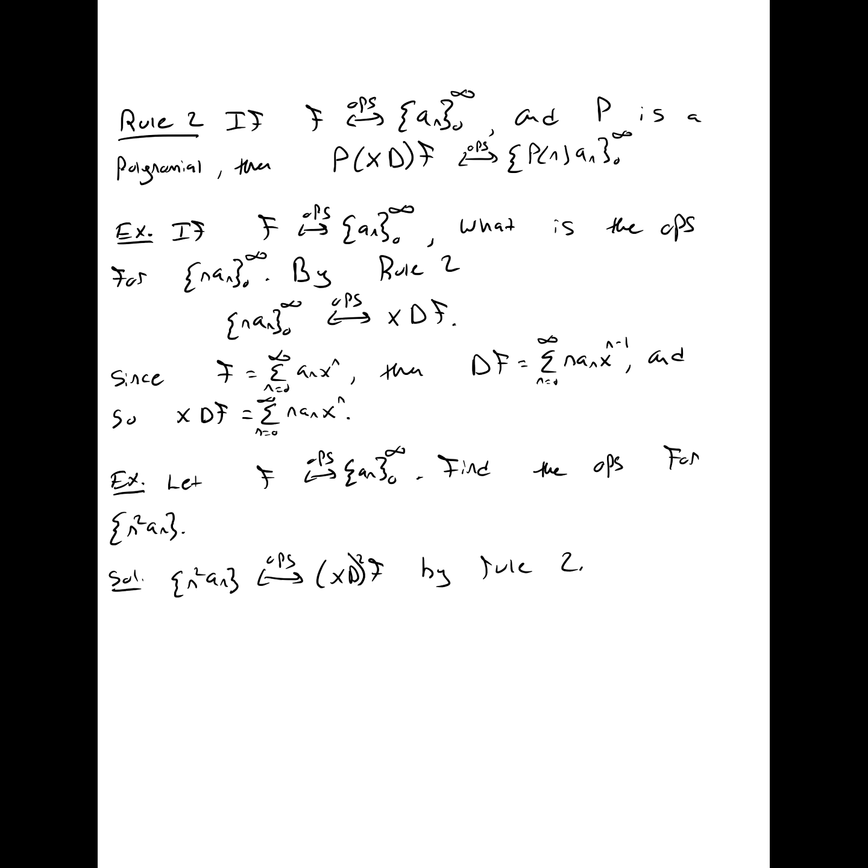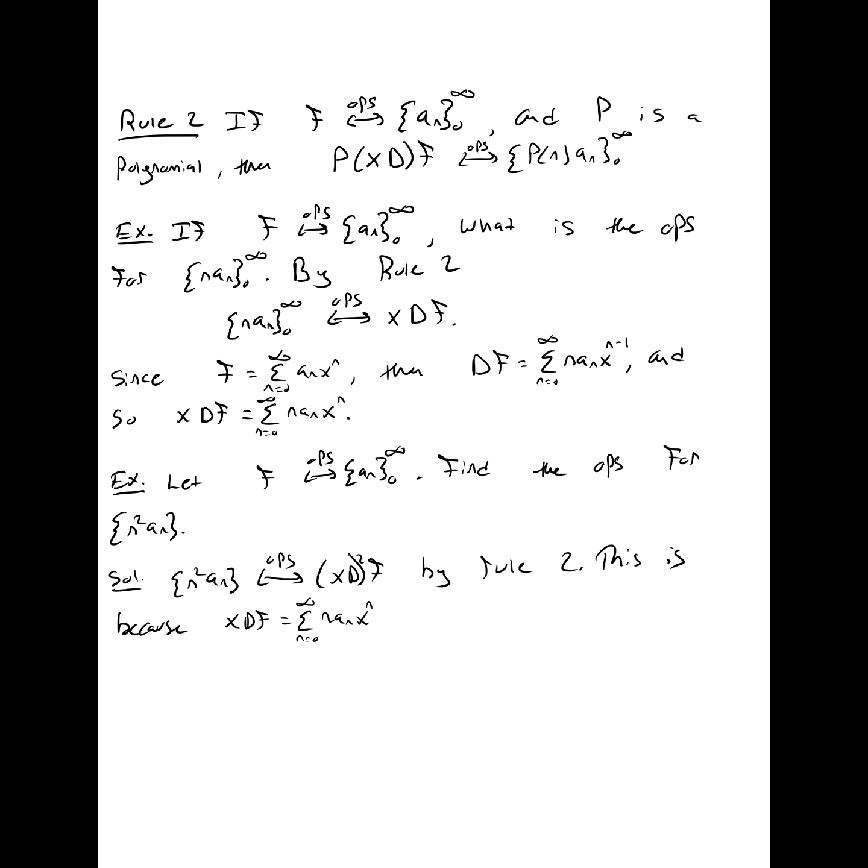But this would actually make sense if we work it out. We already know that XDf is equal to the sum from n equals 0 to infinity of n a sub n x to the n.